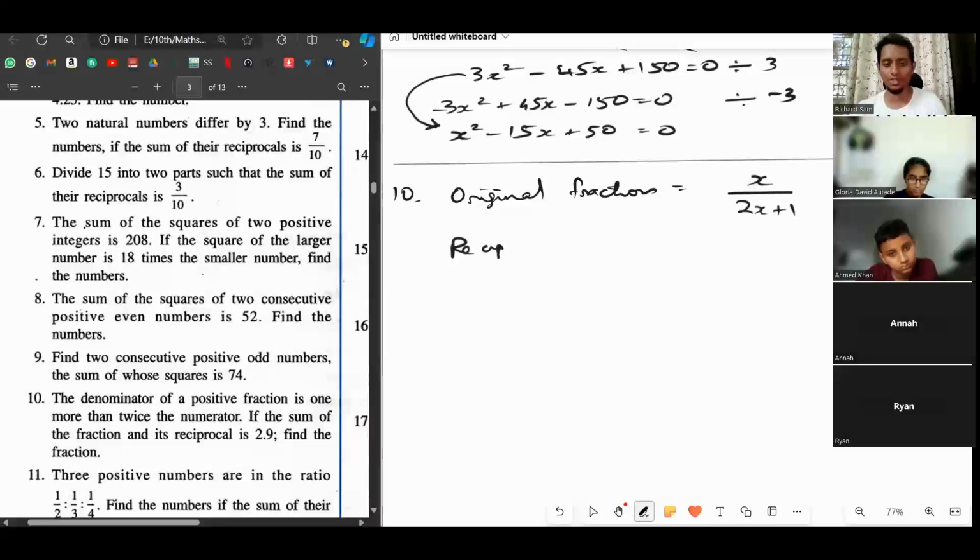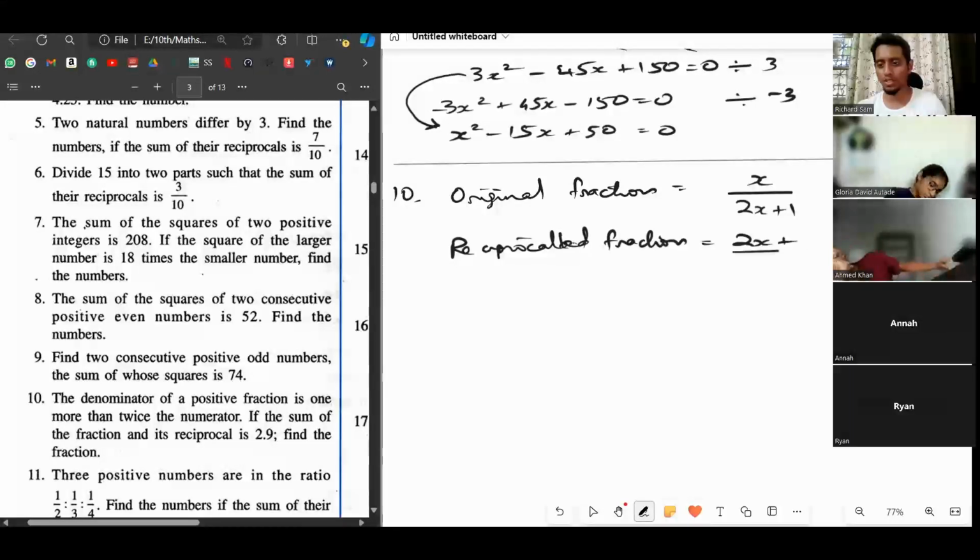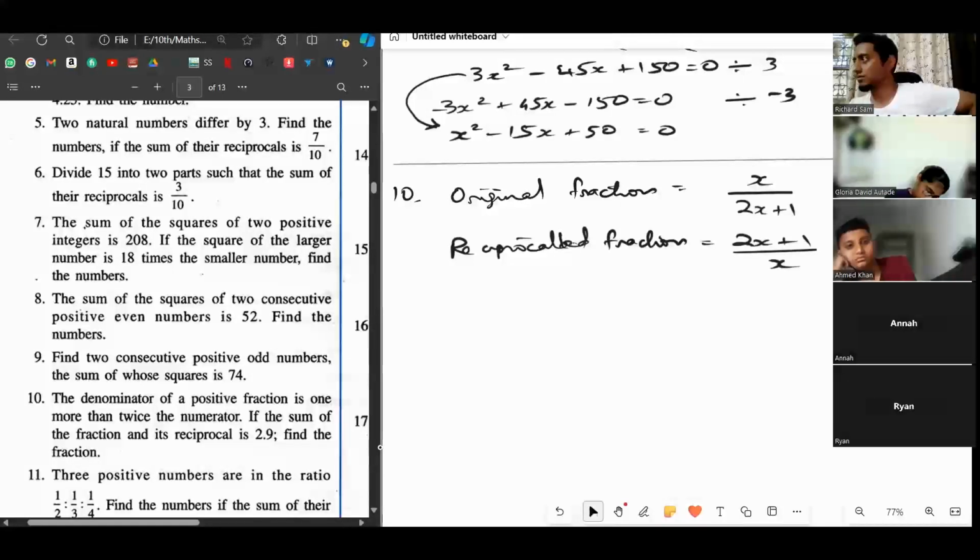What is a reciprocal fraction? The reciprocal fraction will be 2x plus 1 upon x. Now the question says their sum. To add these two, you'll get 2.9. You understood? Write down the equation and just show me the equation, everyone.